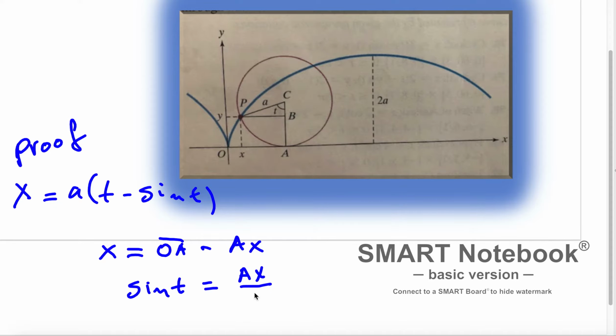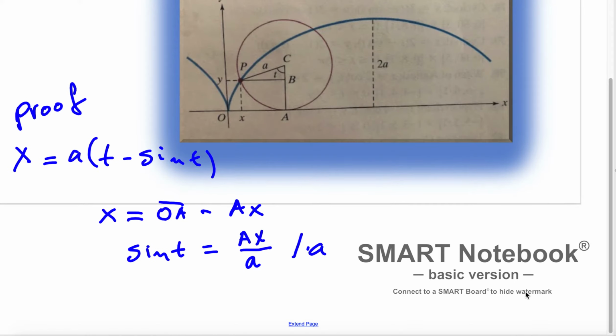If we multiply the whole equation by a, AX is equal to a times sine t.